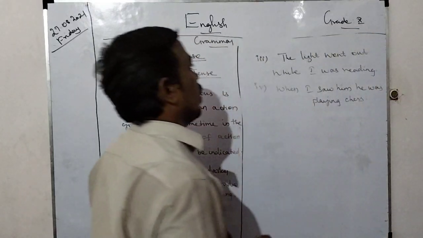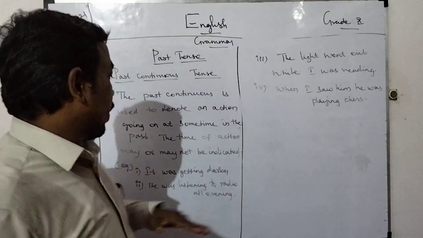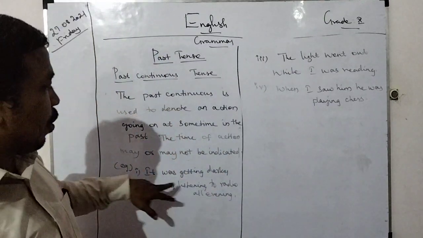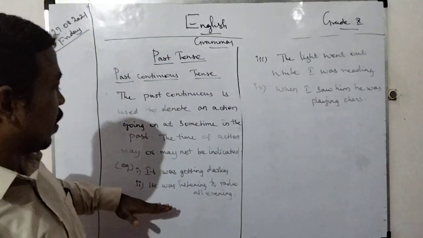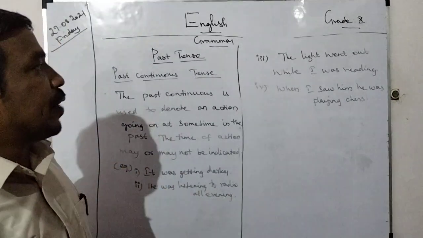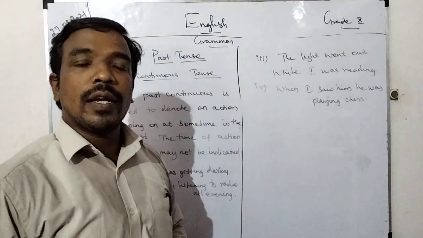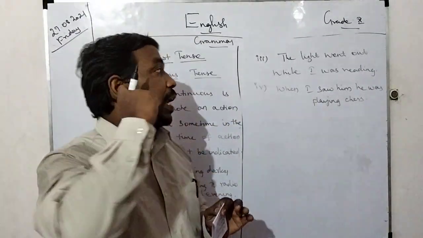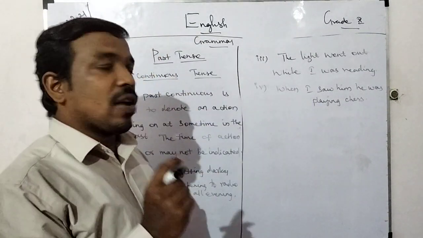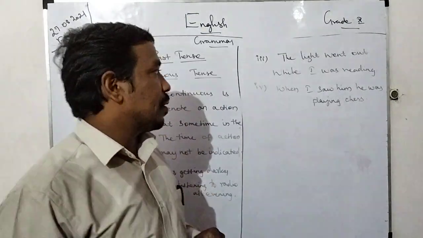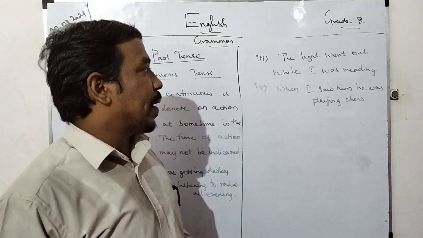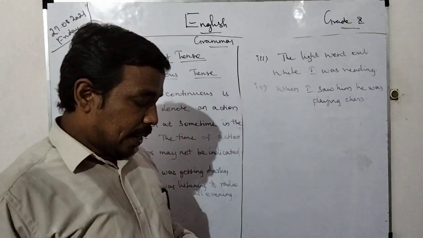Listen students, here one group: it was getting darker, he was listening to radio all evening. But here it is not like that. The light went out while I was reading. If you have a power cut, we can use this type of expression. When I saw him, he was playing chess.